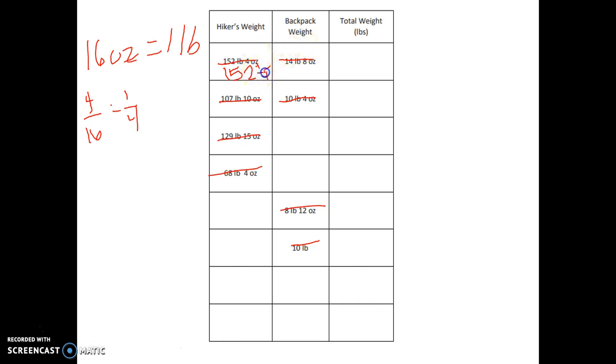And his backpack weight is going to be 14, and 8 out of 16. 8 out of 16 reduces down to 1/2. So 14.5 pounds.